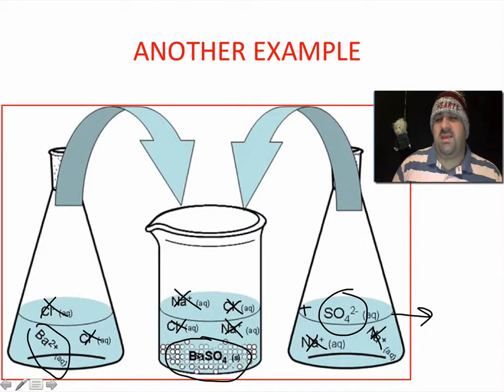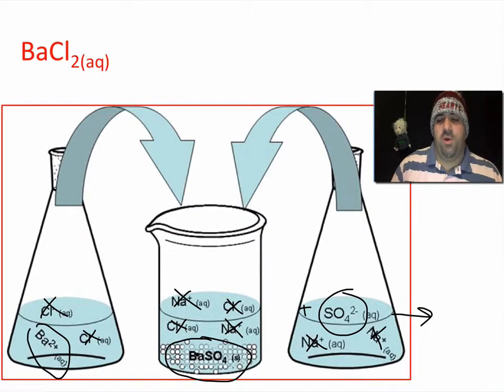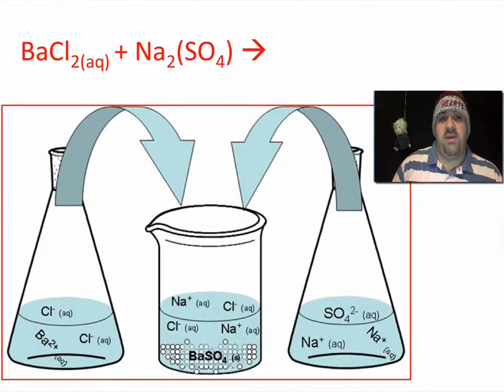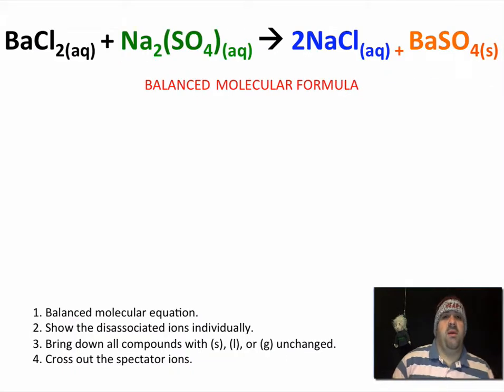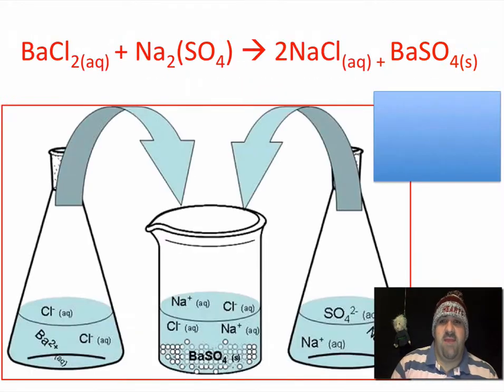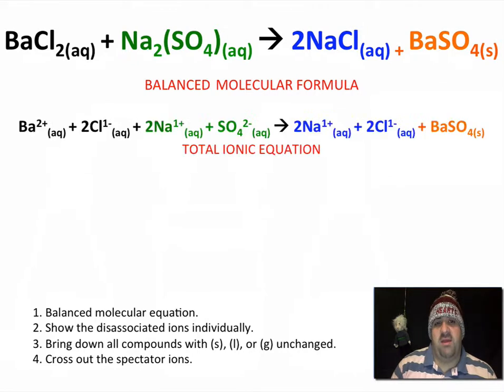And it's easier to visualize with a picture. So we have barium chloride aqueous plus Na2SO4 yields 2 NaCl aqueous plus BaSO4 solid. And of course, balanced. This is the balanced version of it. And I did separate it all. This is what the picture shows.